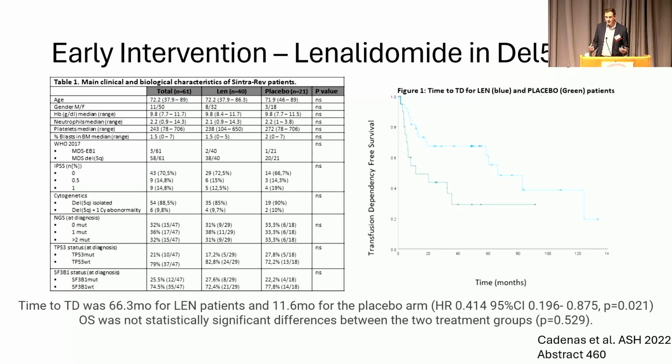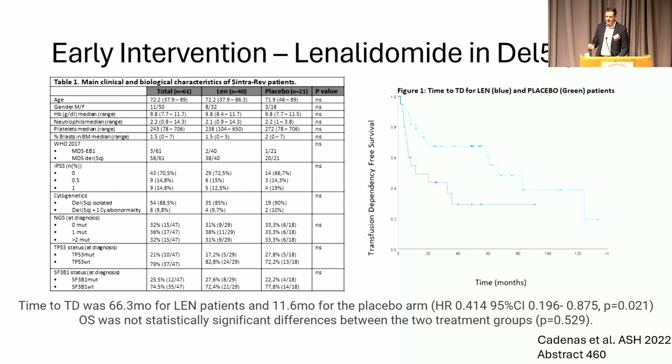And I think really interesting, I don't know that I have the answer from this data, but the SINTRA-REV trial took patients who have MDS with del(5q) but did not need transfusions. And the main benefit of lenalidomide that we know of is that it gets rid of your transfusion needs, particularly in patients with del(5q). And so in this study, we have a highly penetrant disease. If you have del(5q), you're going to develop transfusion dependence at a relatively high rate and in a relatively short period of time.